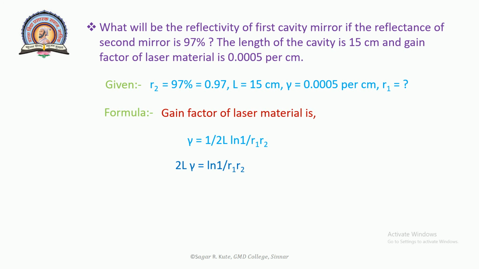Now 2L gamma is equal to ln 1 upon R1 into R2. Taking exponential, e raised to 2L gamma is equal to 1 upon R1 into R2, that is, now R2 on this side, R2 e raised to 2L gamma is equal to 1 upon R1, gives inverse, that is R1 is equal to 1 upon R2 into e raised to 2L gamma.